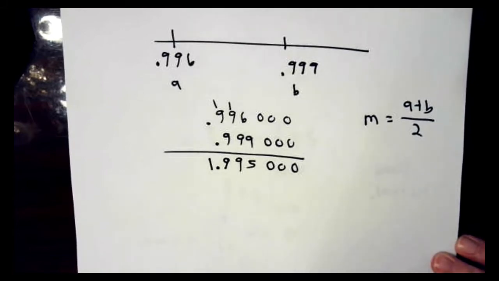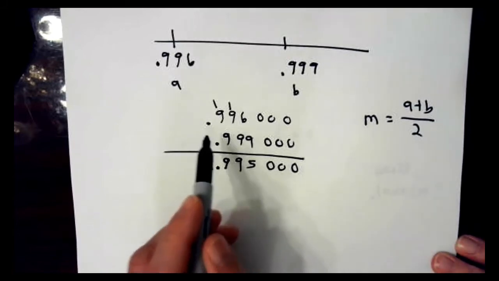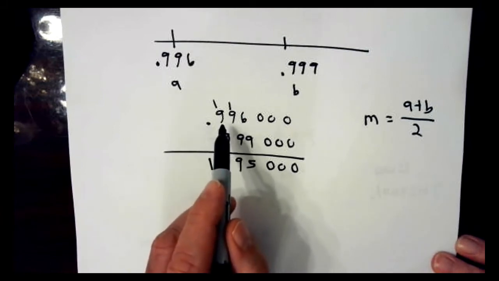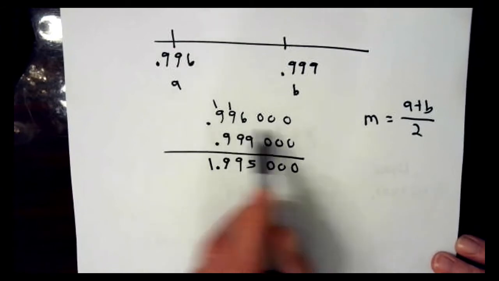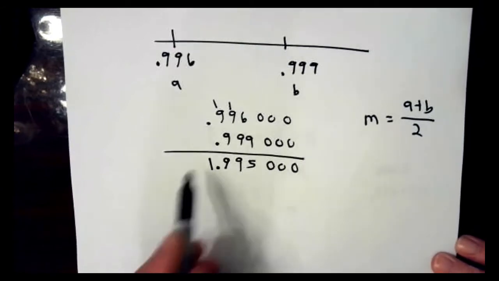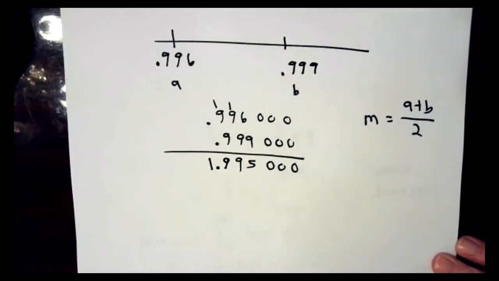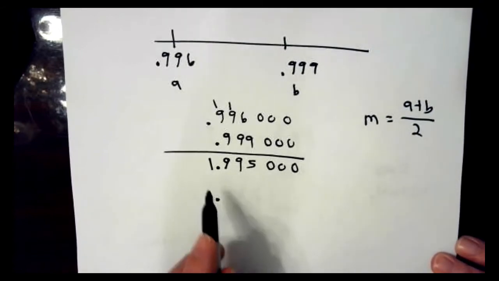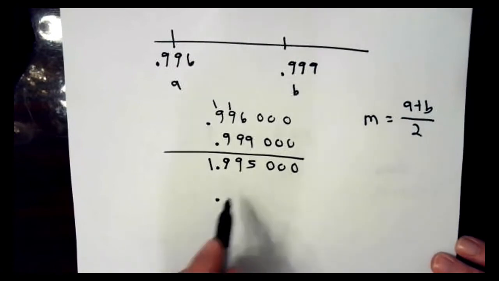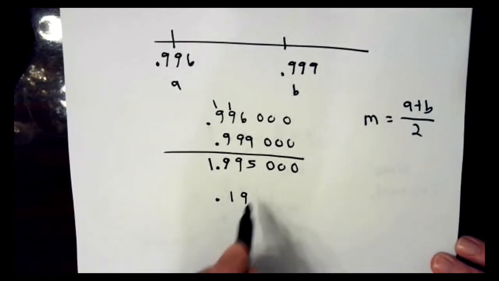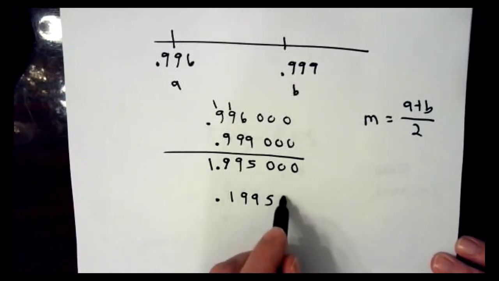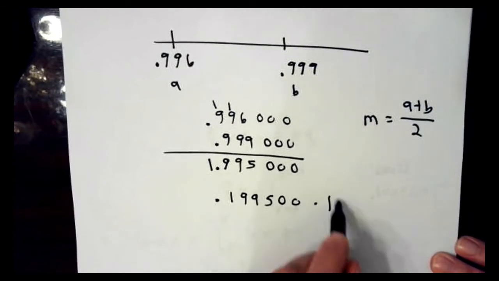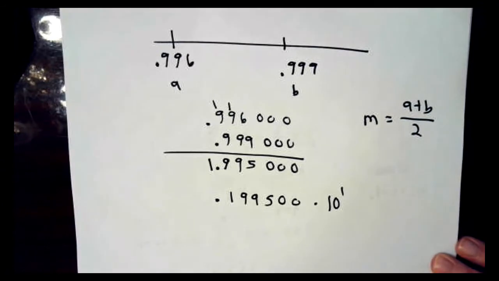We say our numbers are normalized if we write them as a decimal point, a first digit that isn't 0, and then the rest of the digits. And see, this doesn't look like that because of the 1. So what I can do is I can shift these digits to the right one place. 1995, 0, 0 times 10 to the 1 power.